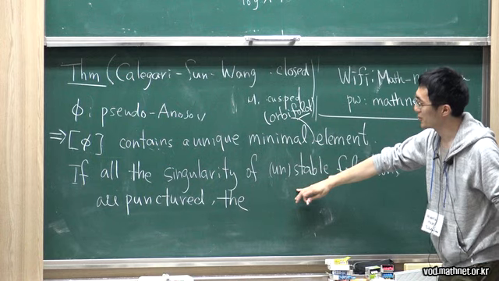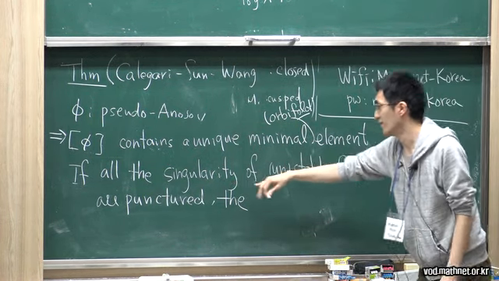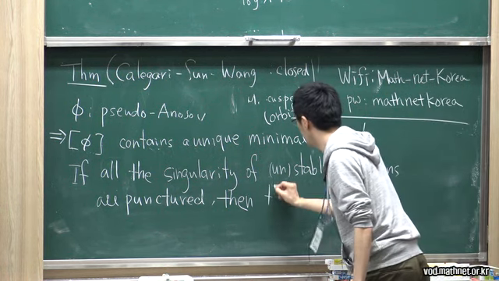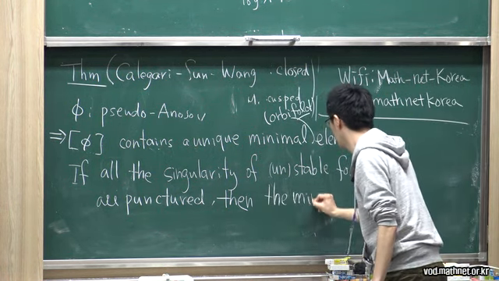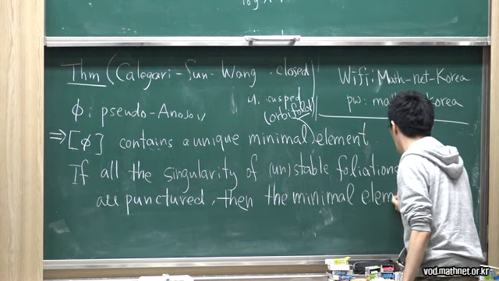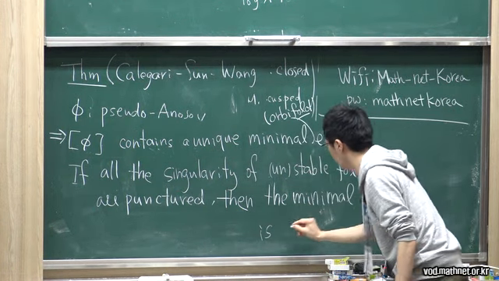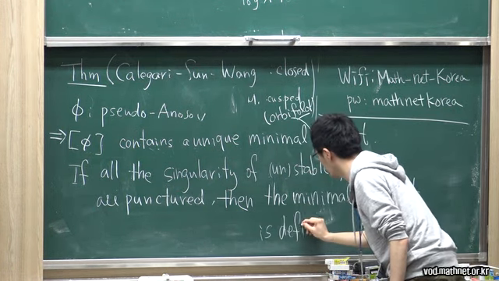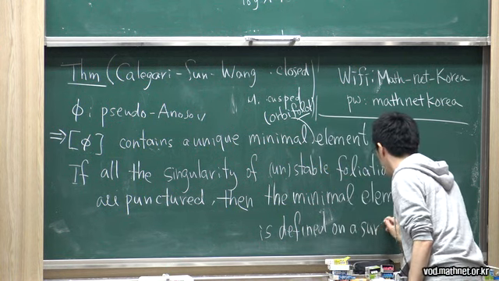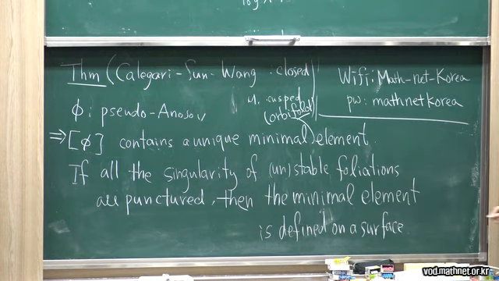And so what I want to say here is that if the singularities are all on the punctures, then the minimal element is defined on the surface, so not an orbifold.